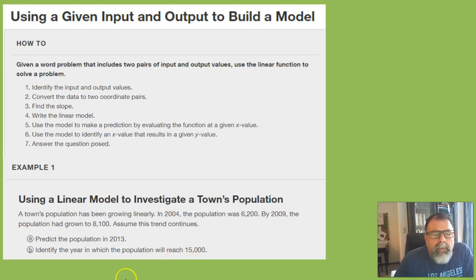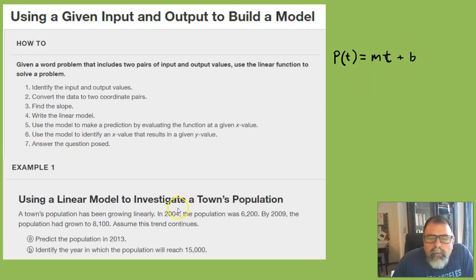Okay, so the town's population has been growing linearly, so we know we're going to do a function. Let's do population as a function of time. It's going to be some, I almost put mx, t would be the x plus b.